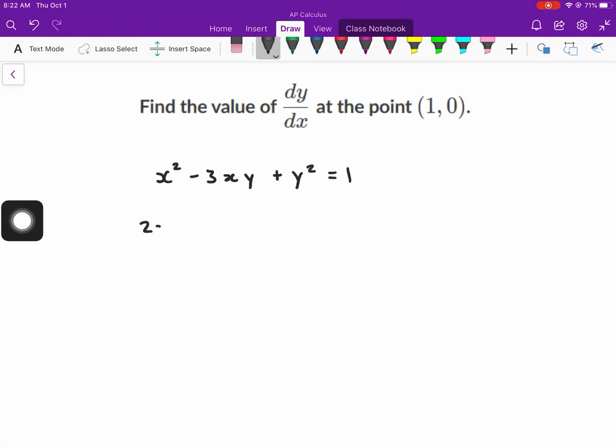So I'm going to have 2x minus 3, and then I'm going to do the product rule on the x and the y. Make sure you use those parentheses because you're going to have to distribute the negative 3 to the product there. So derivative of x is 1, times y, plus x times y prime.